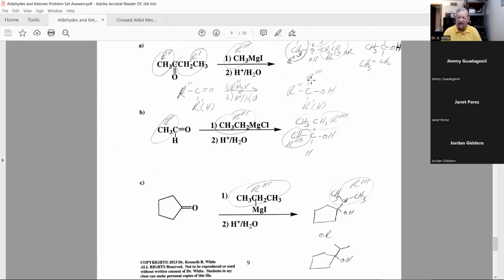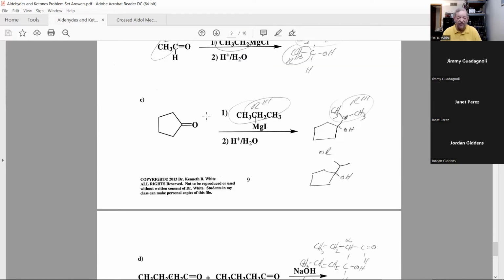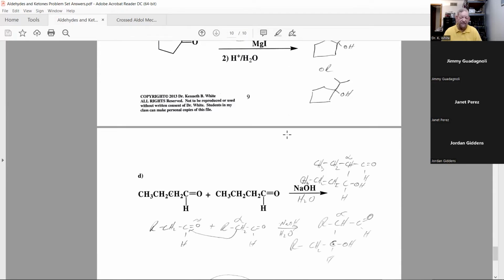The carbon in R triple prime with the MgX will bond to the carbonyl carbon, and therefore I have a ring, it's still there. Do you break carbon-carbon single bonds? No. This carbon bonds to that one, isopropyl, and this is our alcohol.